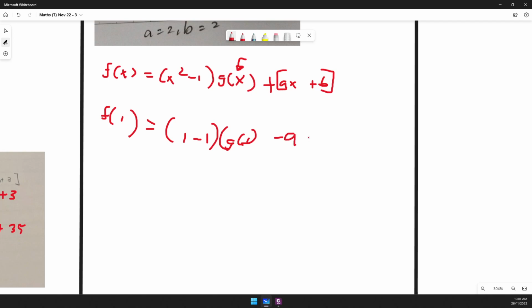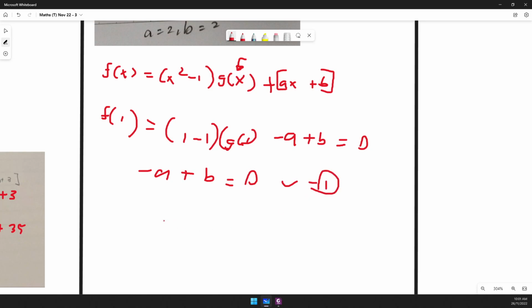Minus a plus b equals 0. So I get negative a plus b equals 0, equation 1.